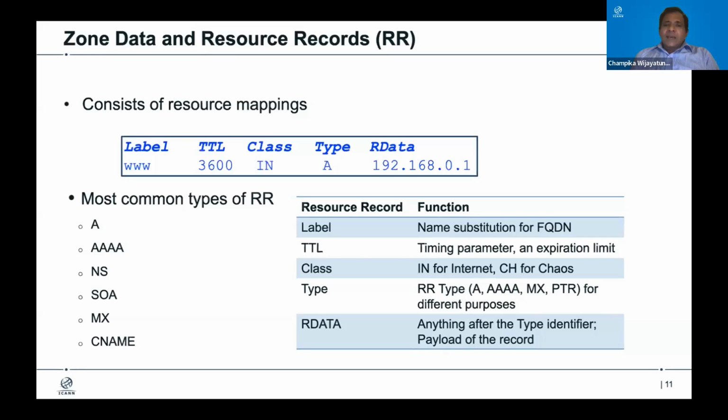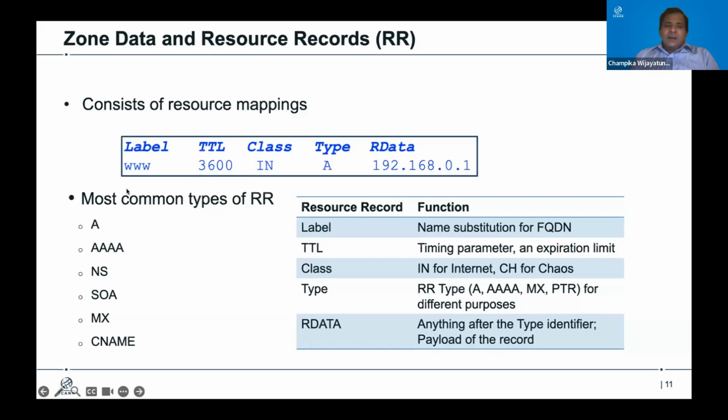And now, as the administrator, you can define for how long these records should stay in the cache. This value is in seconds. In this example, you have put a value of 3,600 seconds, which means 1 hour.